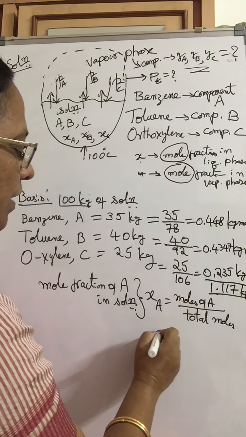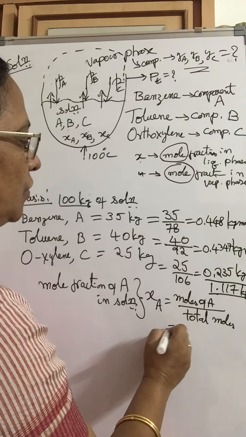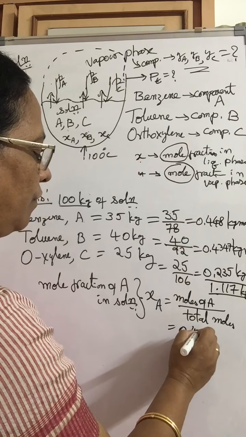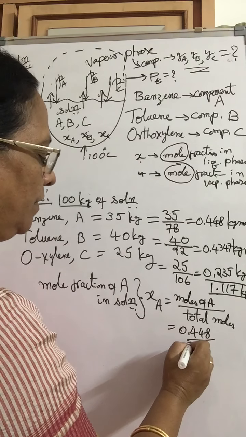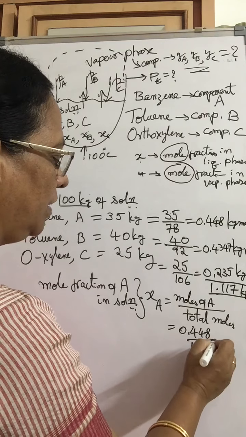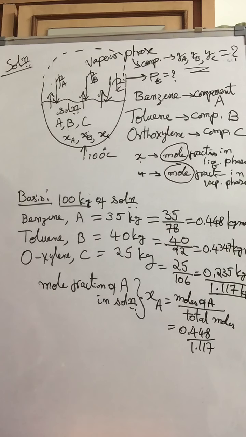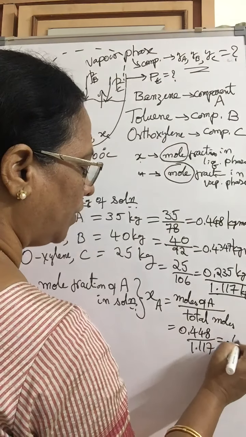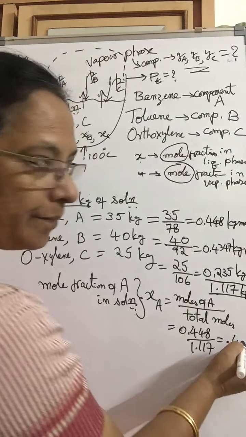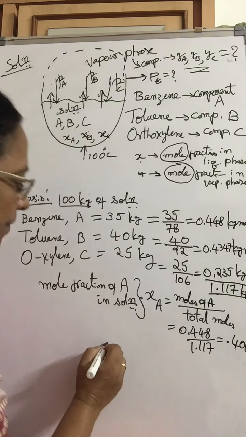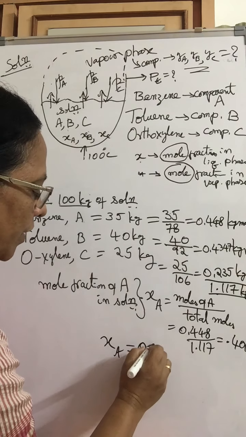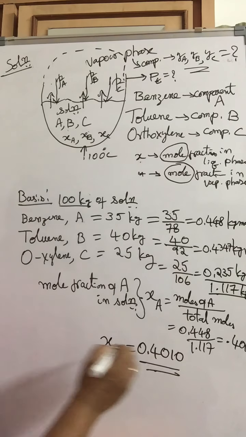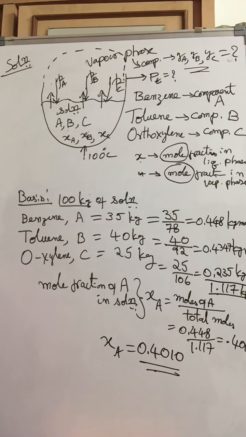So XA is equal to moles of A, that is 0.448, divided by total moles 1.117. This value is 0.4010. You got XA now. Similarly, you calculate for the other components.